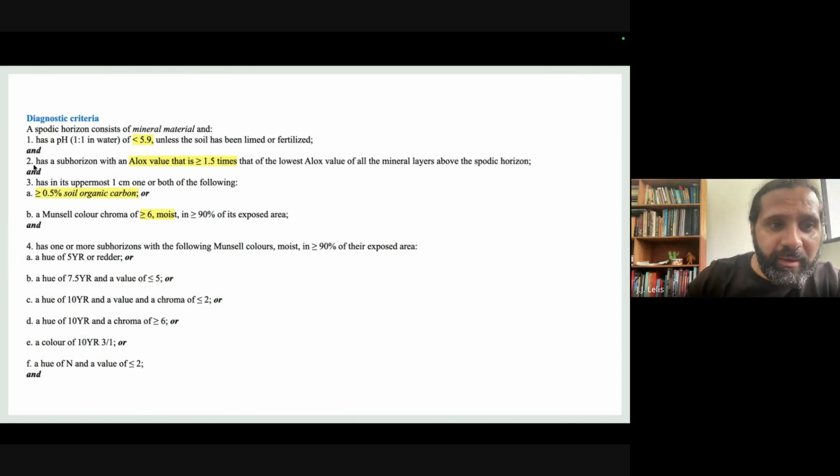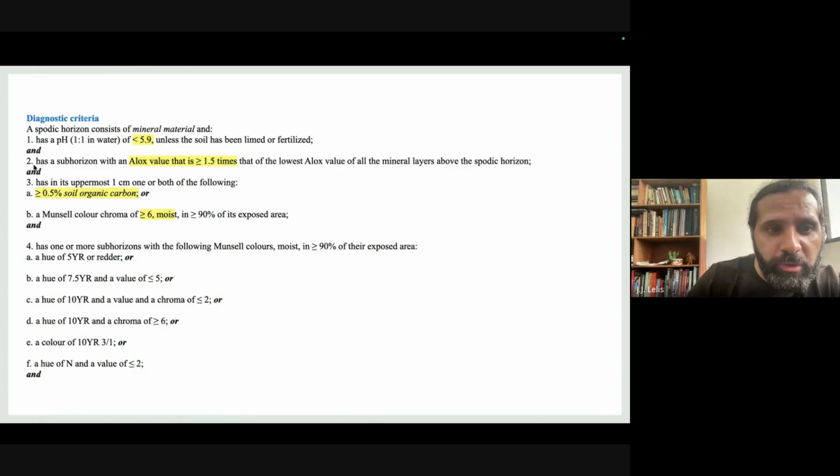And it registers a subhorizon with an aluminum value extractable by ammonium oxalate. So this is AlOx, the aluminum content extractable by ammonium oxalate. Ammonium oxalate can only dissolve low crystalline aluminum, and especially aluminum that's connected to the organic matter.